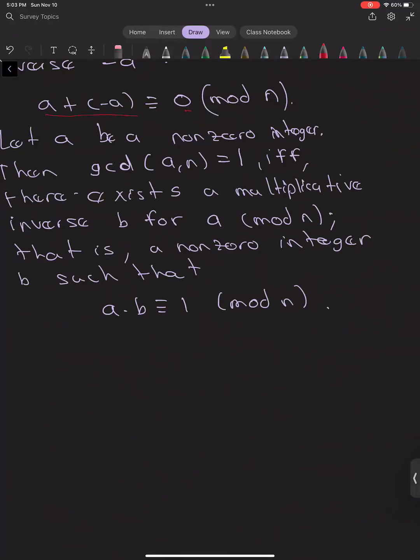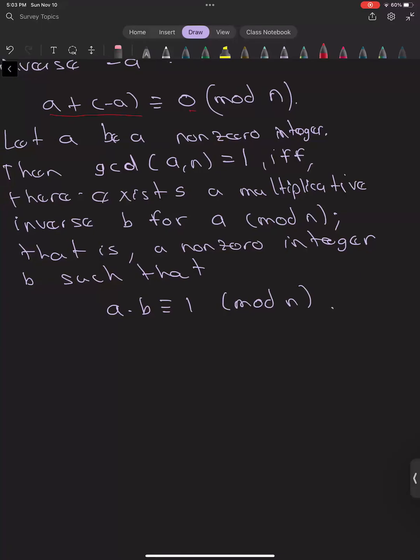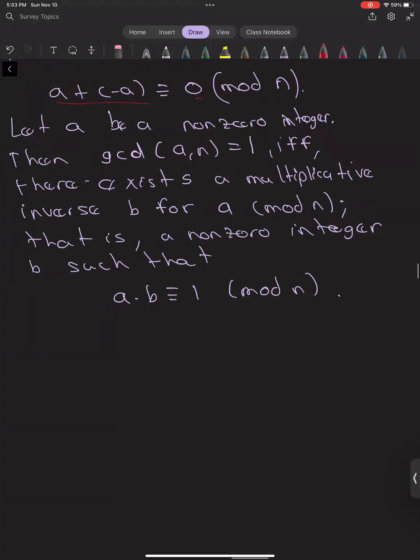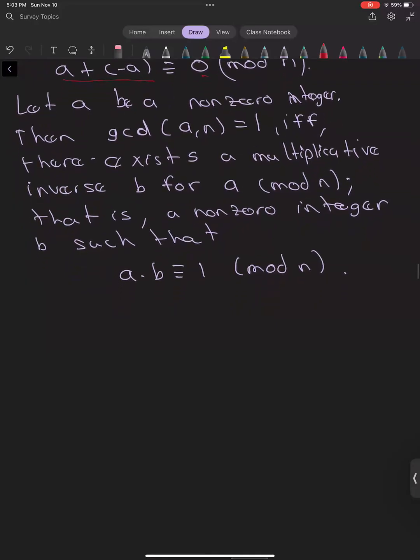Okay, so let me give you 2 minutes to try this. So let a be a non-zero integer. Then the greatest common divisor between a and n is 1 if and only if there is a multiplicative inverse b for a mod n. That is, a non-zero integer b such that a times b is congruent to 1 mod n. Okay, so let's work on it.